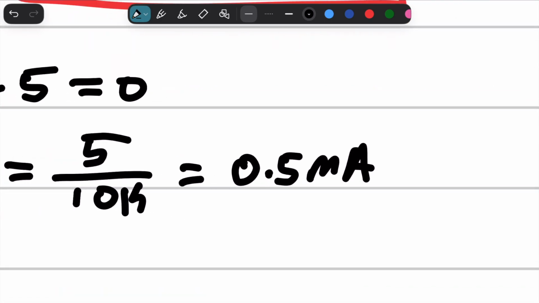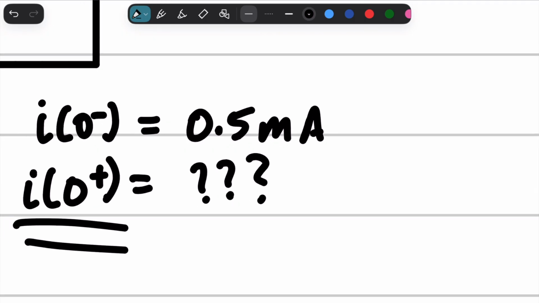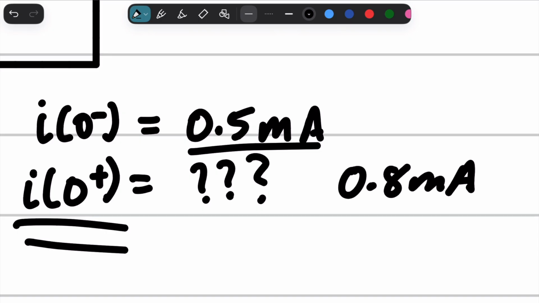Now you may be wondering, Alex, we got 0.5 milliamps. Well, remember, there is no rule for a capacitor saying that this has to be true. For all we know, depending on the configuration of this circuit, the current across this capacitor could be 0.8 milliamps, right?